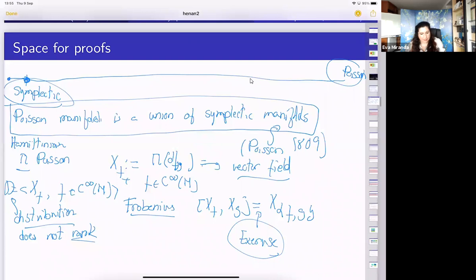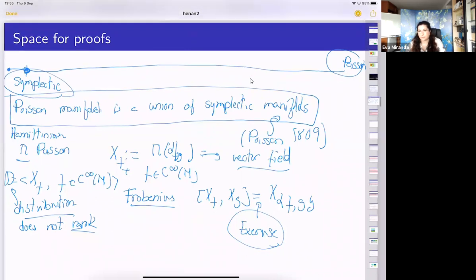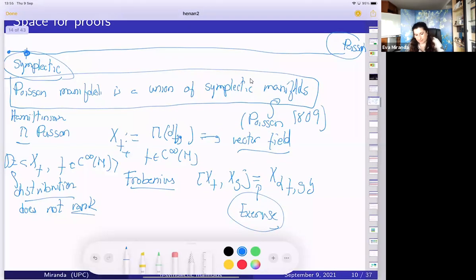But to check it in the Poisson case is a bit harder, but well, it's easy to do. The way to do it is to apply it to another function and check that it's the same. And it comes from the Jacobi identity, okay? So you can check that this applied to an H is the same as this applied to an H. And the Hamiltonian vector field applied to an H is the same as the bracket. So, well, it's very simple.